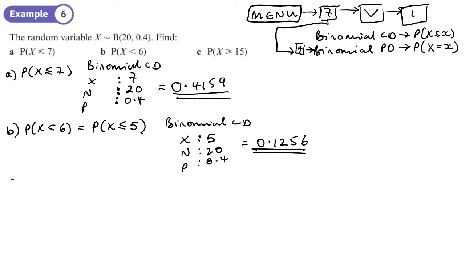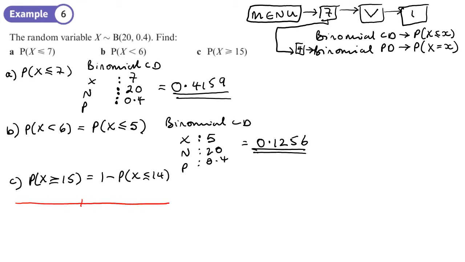And then C, if it's asking for the probability that x is greater than or equal to 15, think about what numbers we're leaving out. It's going to be 1 minus the probability of the numbers less than or equal to 14. Now again, if you want to draw a number line to help you, you can. So this is a number line of whole numbers. I've got 0 here.